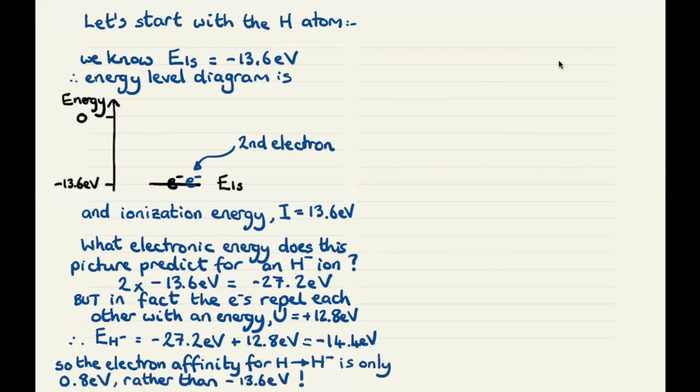So the simple picture that we have had all through our chemistry training, that we solve the Schrödinger equation for a hydrogen atom and we get a series of energy levels, and each of these energy levels can take 2 electrons, which sit in this orbital, is very naive in the sense that it doesn't incorporate this electron-electron repulsion between the electrons.